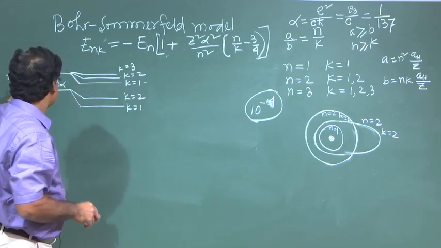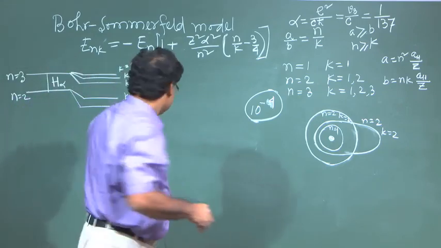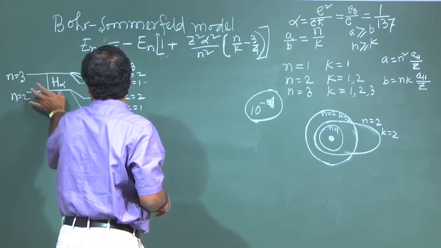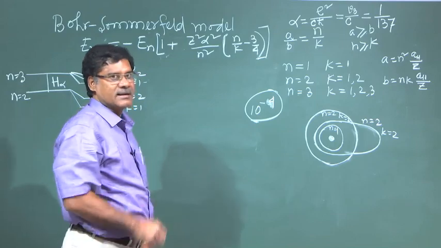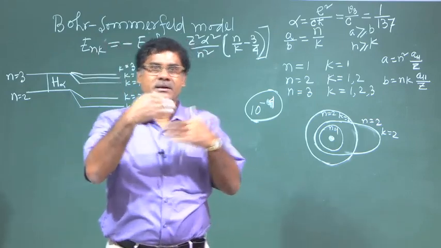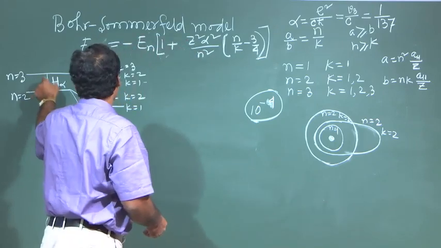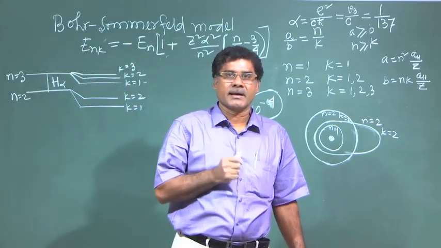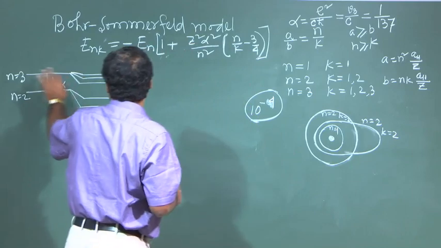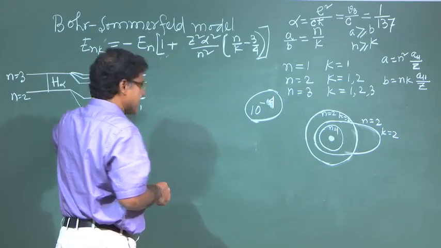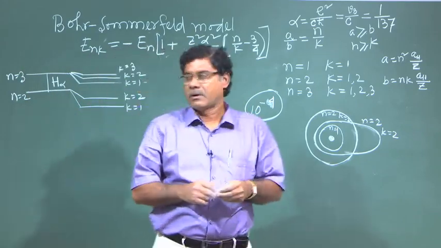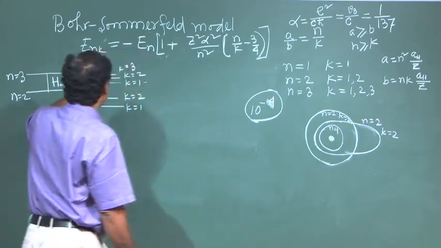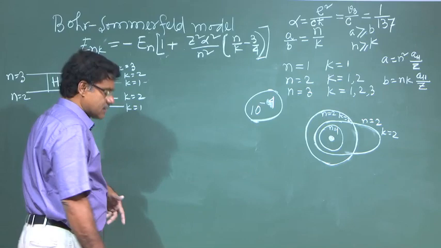Earlier it was one energy level for n equal to 2 and another for n equal to 3, and the transition between these two levels gave a spectral line. Now these energy levels are split, and we consider the transitions.